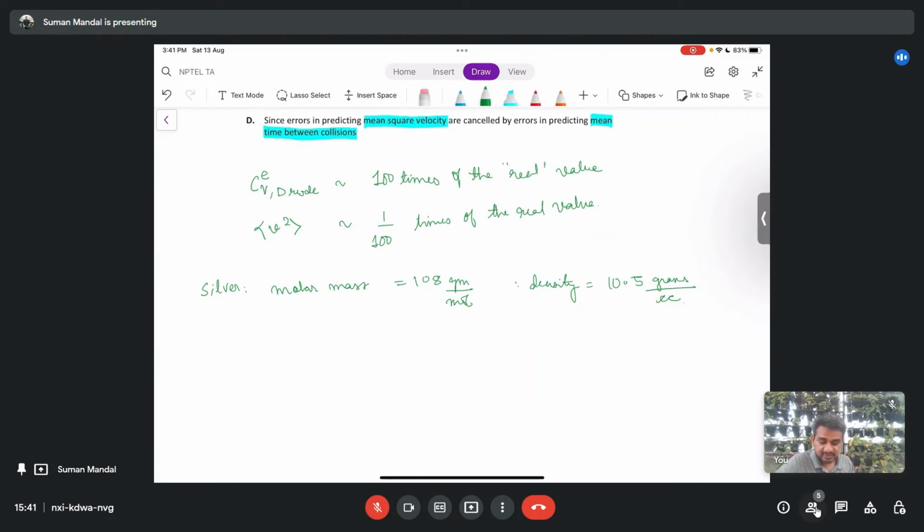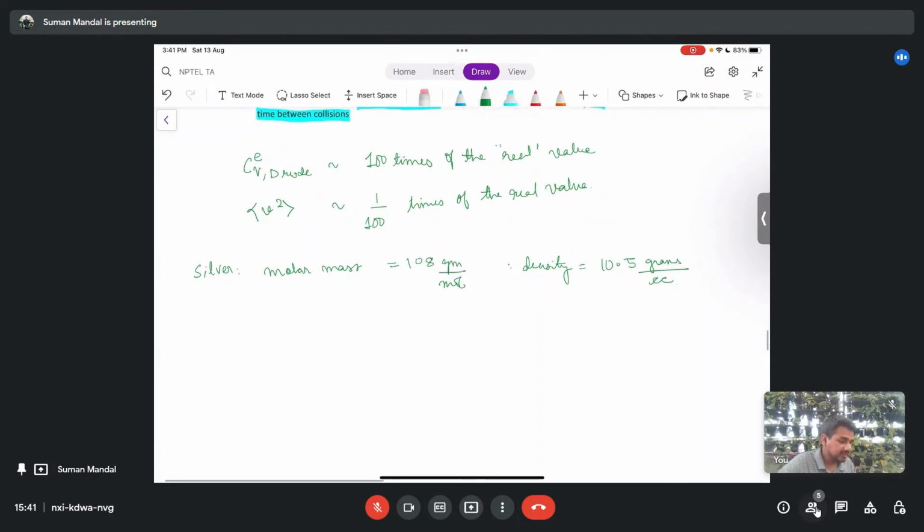So we can invert this number and multiply with this, and we'll get how many moles of silver we have per cc.